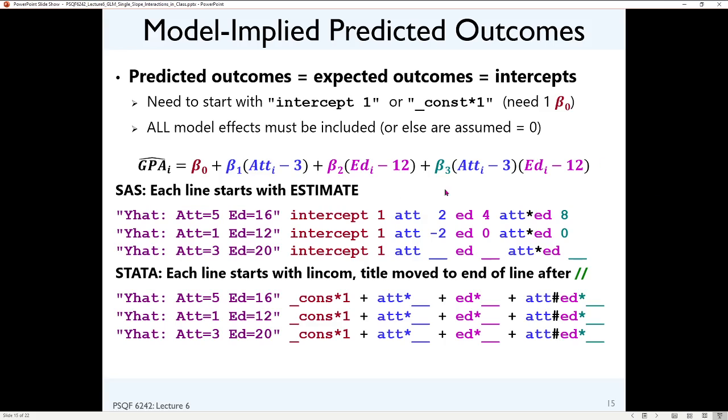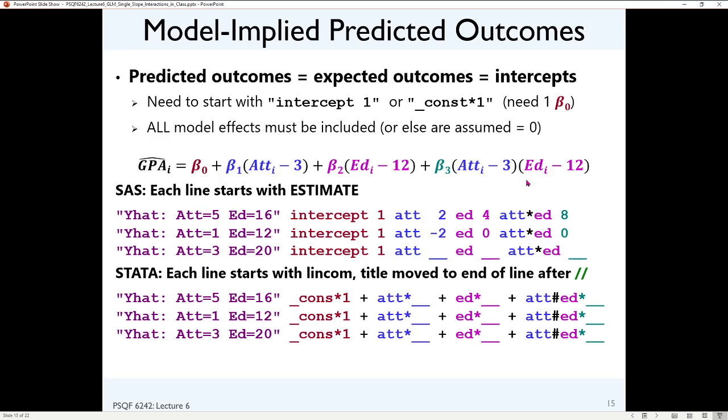So in this example, we are predicting student GPA from a fixed intercept beta 0, the so-called main effect, the fixed slope for the effect of parent attitudes, which has been centered at 3 near the middle of its range, the fixed slope main effect for the effect of parent education, centered such that 12 is the new 0 for 12 years, and then the term that we're focusing on figuring out what to do with is this beta 3 interaction term that does two things simultaneously.